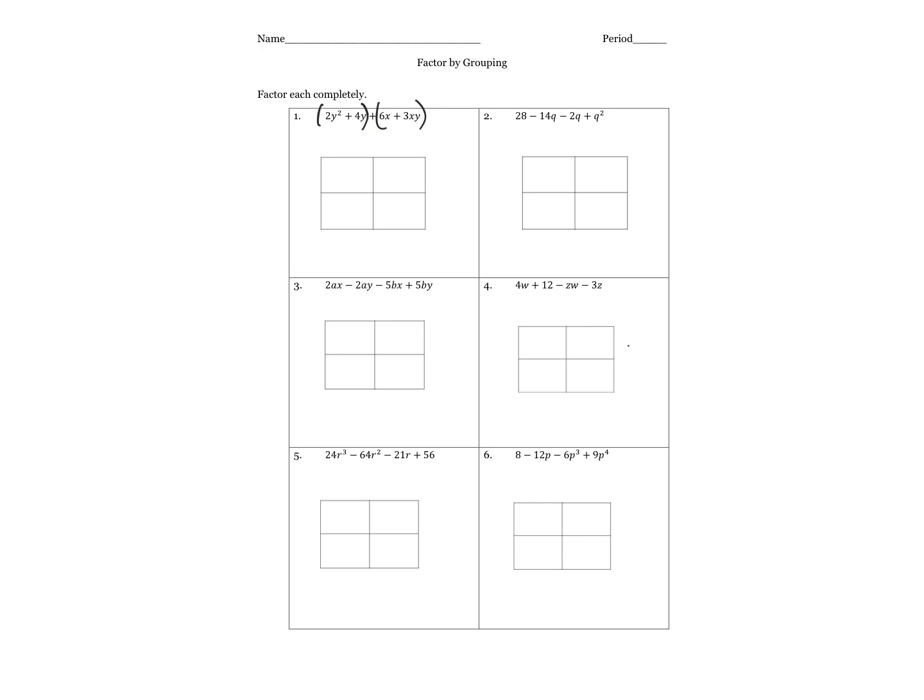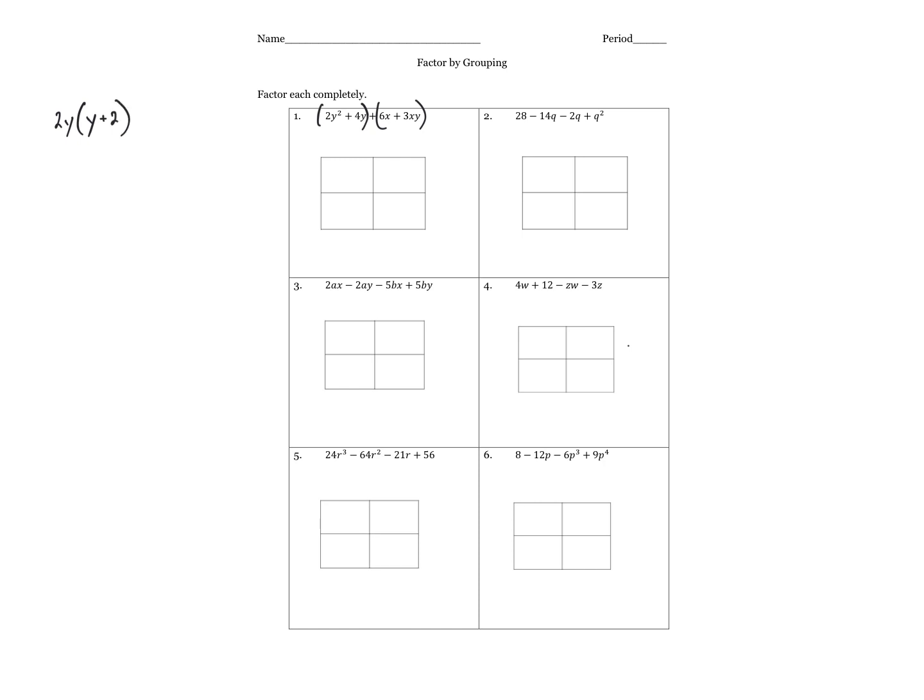And from the first 2 terms, what can we pull out? We can pull out a 2, we can divide out a 2, and a y. So pull out a 2y in front, and we're left with y plus 2.